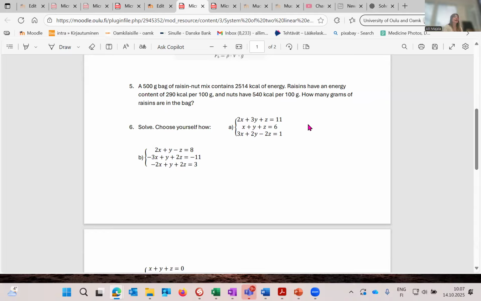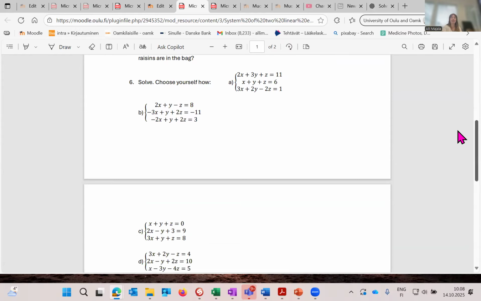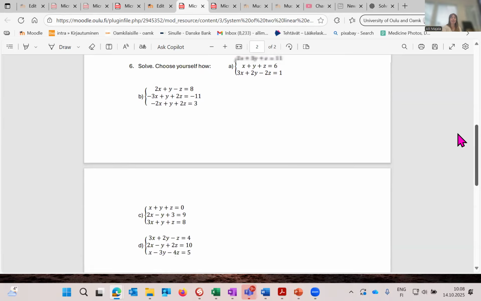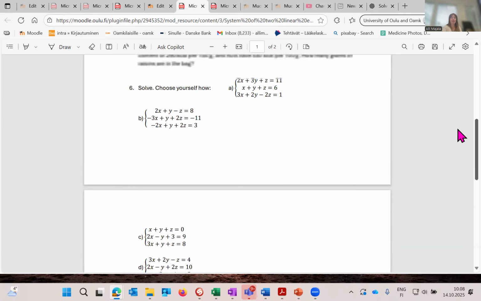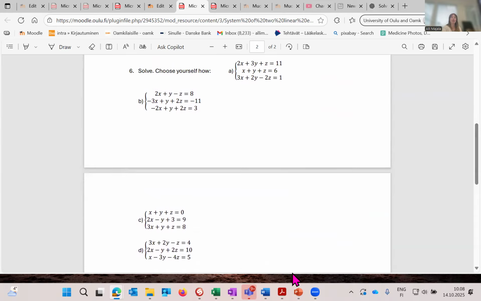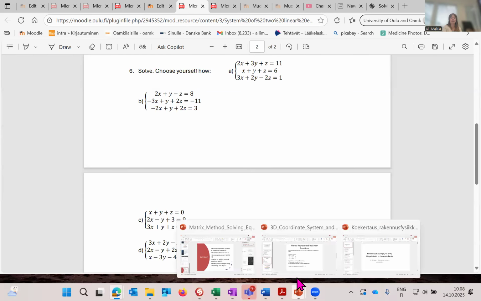But it might be really, really complicated if you start to solve this by pen and paper. So we would now learn how to solve these with Excel.